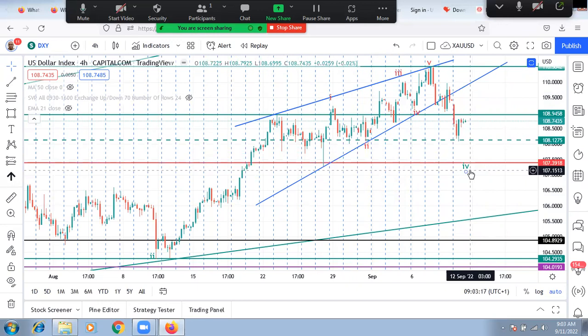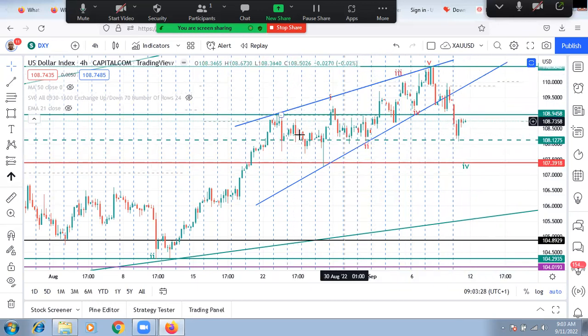So you must be guided. If it pushes back from here, then we might change the face of this to maybe not an ending structure in the ending structure.